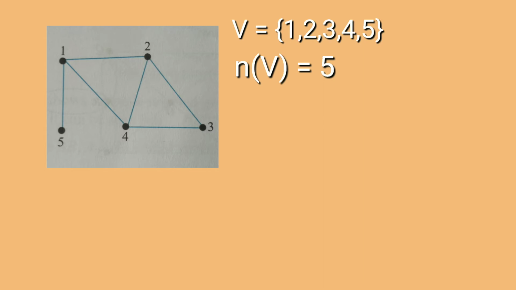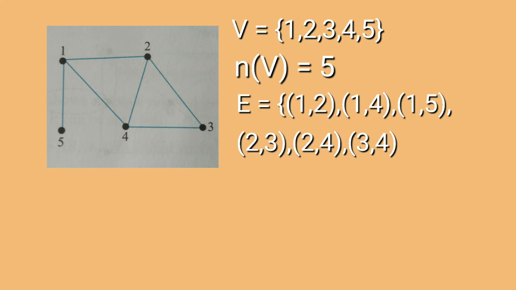How about the edge? E equal to curly bracket 1 2, 2 1, 2 4, 1 2, 5 2, 2 3, 2 2, 4 3, 2 4, curly bracket. So, the number of edge is 6.